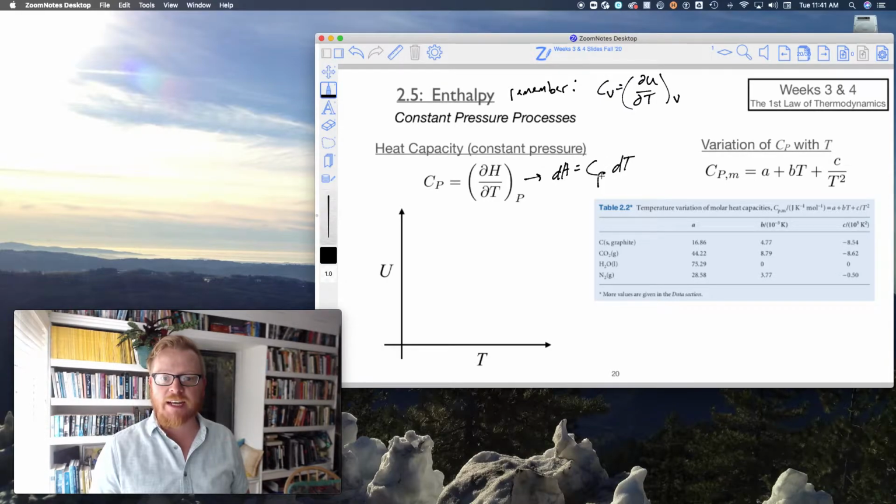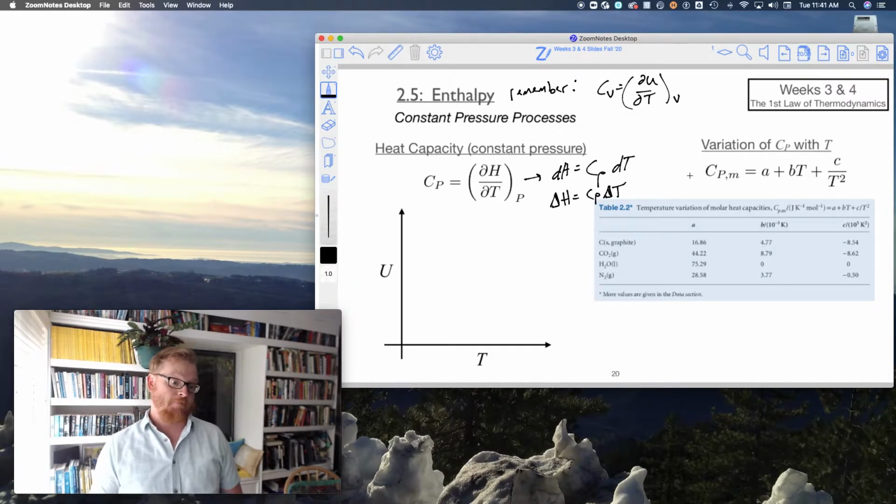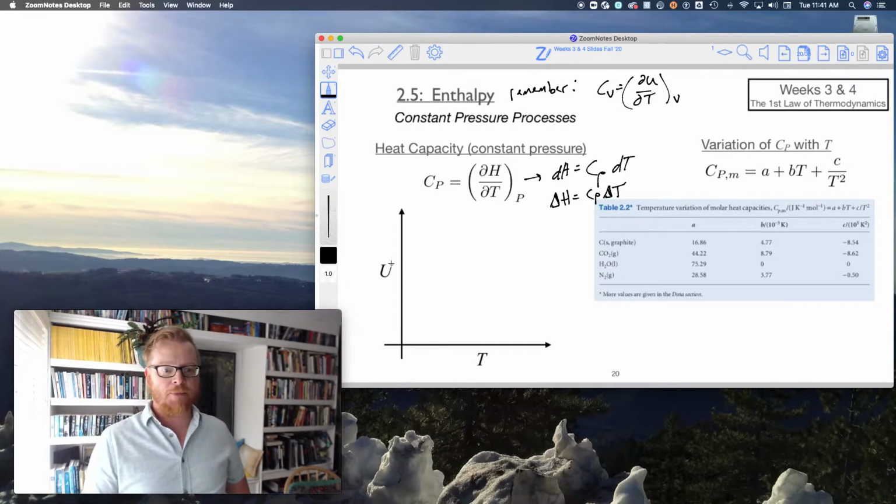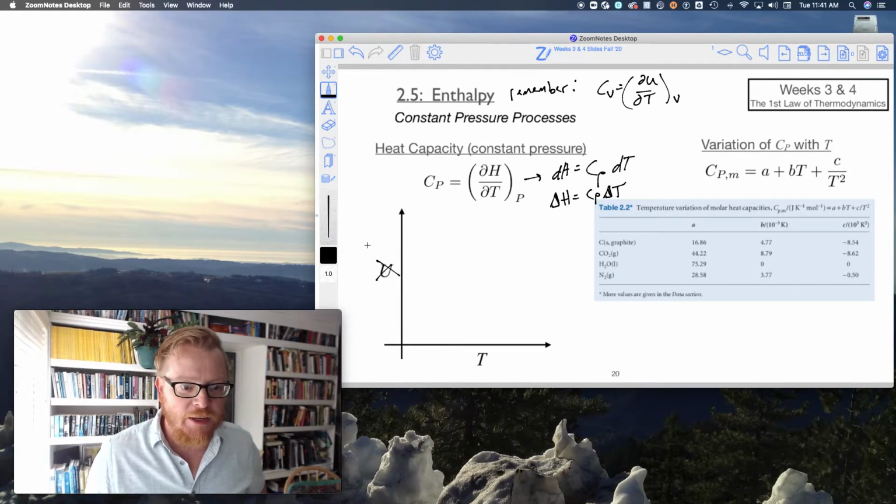And this is for infinitesimally small changes. And of course, for measurable changes, right, in experiments, delta H equals Cp times delta T, okay? Where the delta, again, indicates state function, final minus initial, all right? Oh, and then, so that is not supposed to be a U right there.